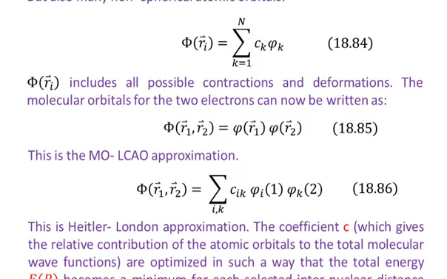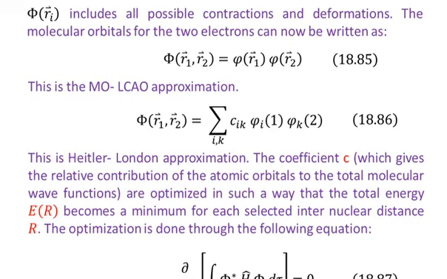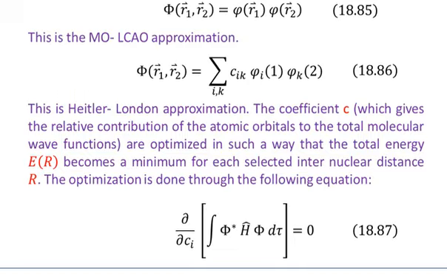So you see that this model of the molecular orbital LCAO improved approximation contains non-spherical atomic orbitals as well. This is the Heitler-London approximation.